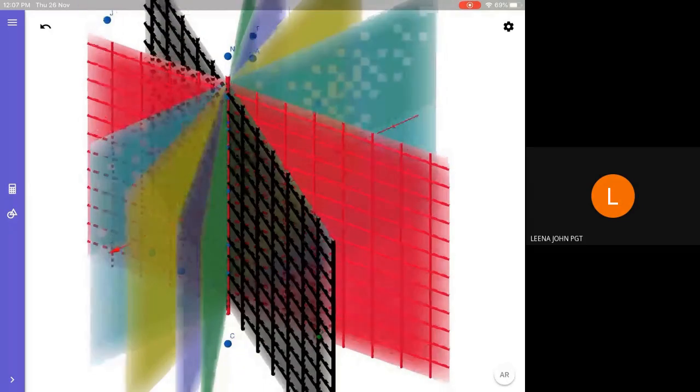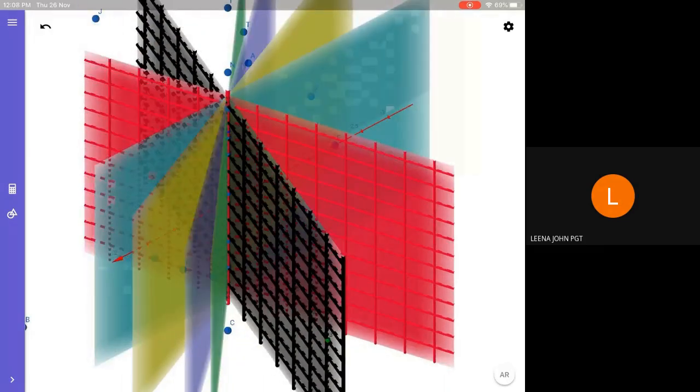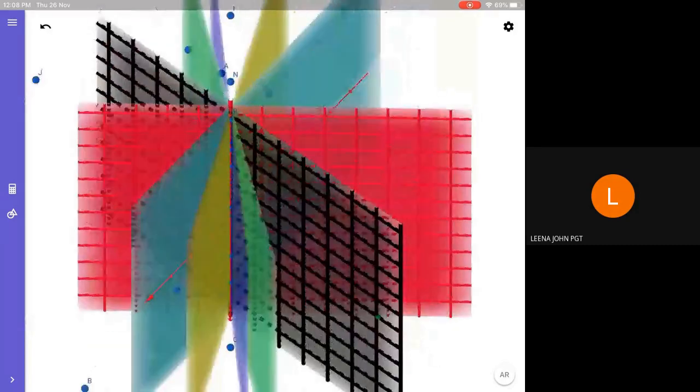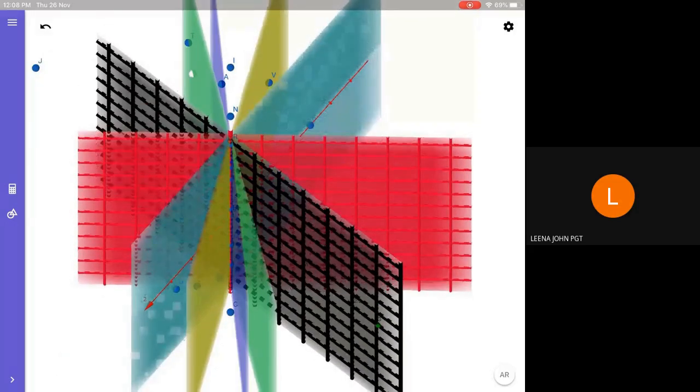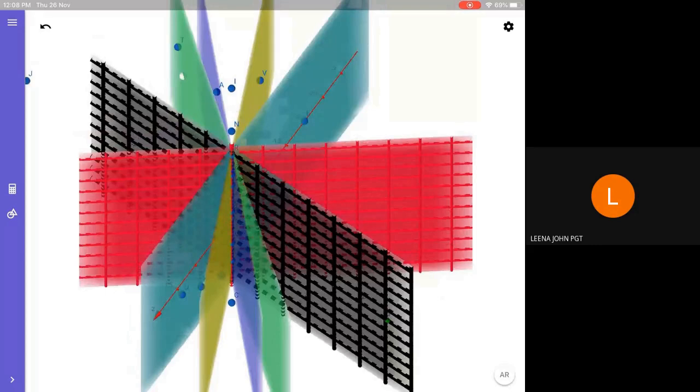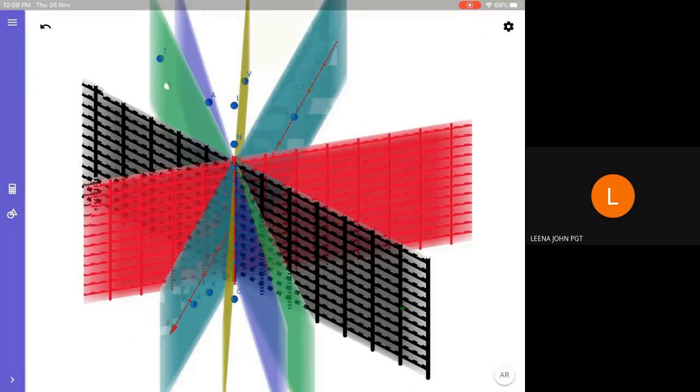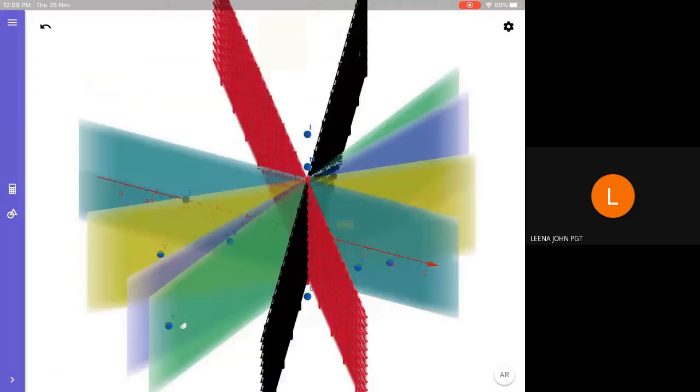You can imagine the planes passing through the line of intersection of the black plane and the red plane. This green plane is also passing through the intersection of the two planes, and so are the blue, yellow, and green ones. You can just visualize that.